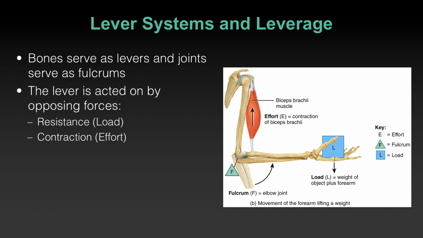It's the net sum of those forces that dictates which direction the joint will move in. Just like it's the net sum of EPSPs and IPSPs that determine if a neuron will depolarize, it's the net sum of forces that determine whether a joint will close, will flex, or will open and extend.